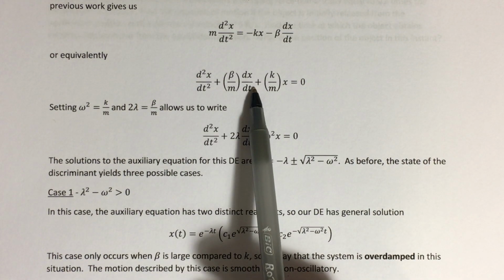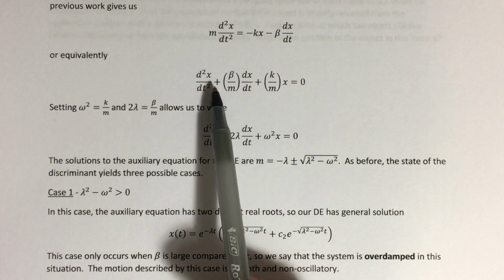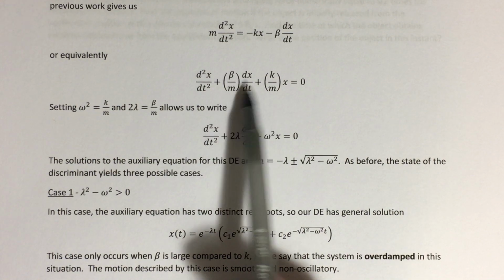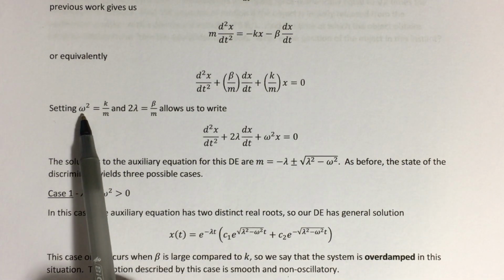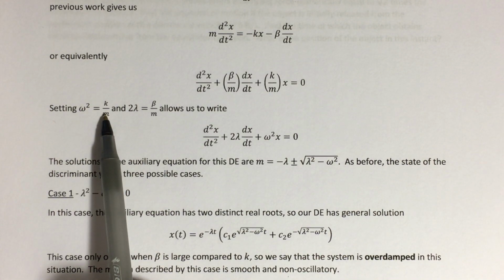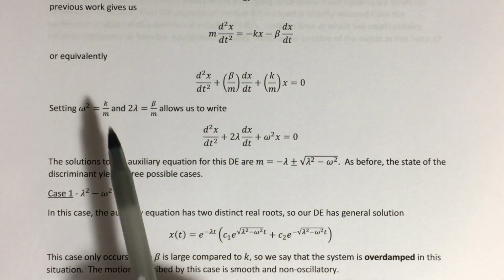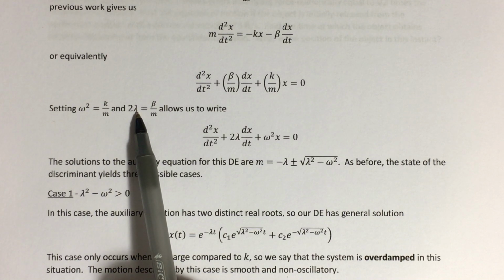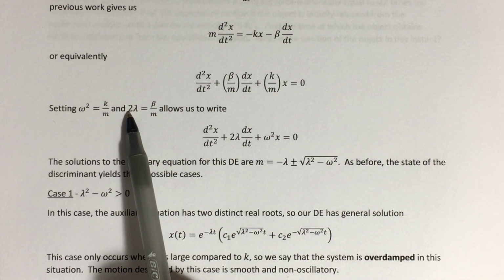We solve this thing by setting up an auxiliary equation, but we're going to relabel our coefficients. Remember, k over m we've been defining as omega squared. We're still using that notation here. Beta over m I'm going to call 2 lambda. The reason I'm putting the 2 here is not for anything special.